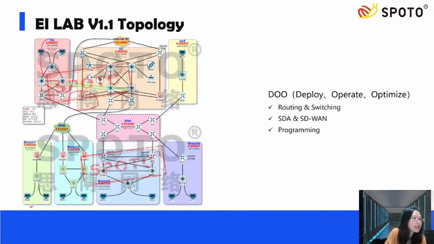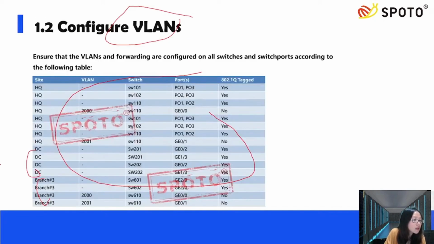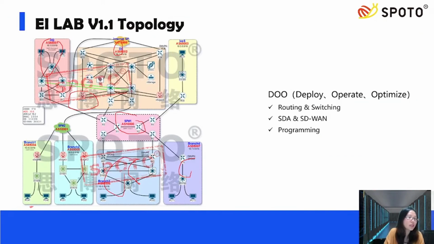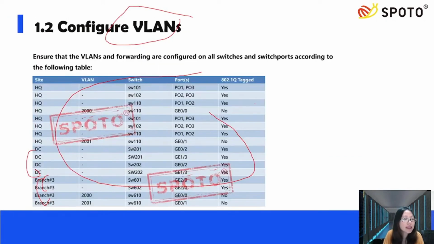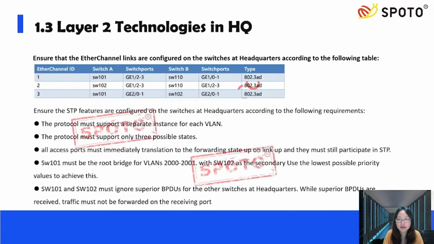This HQ and DC belong to SP1, branch 3, and branch 4. This part is very simple. We just need to configure VLAN and the trunk according to the requirement. So let's see the next part.